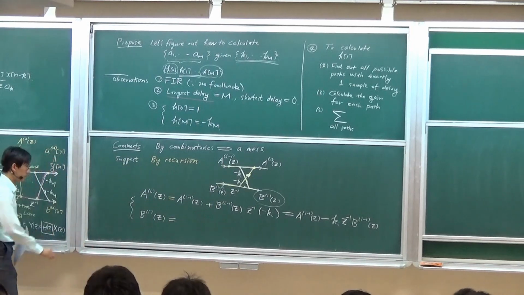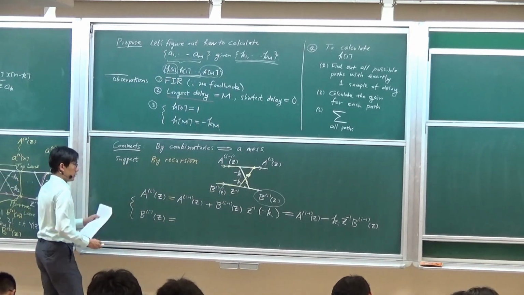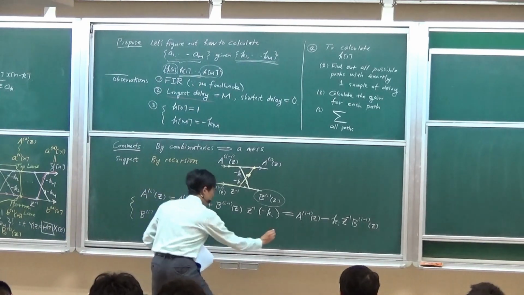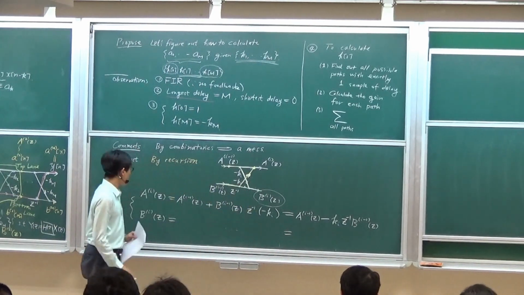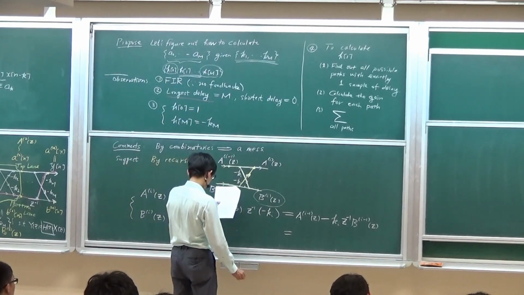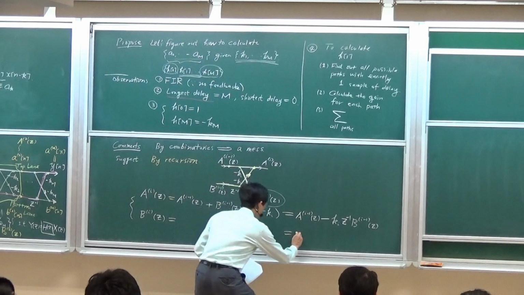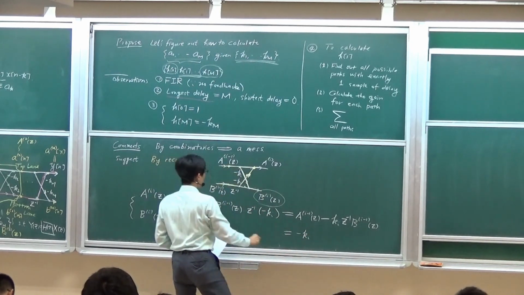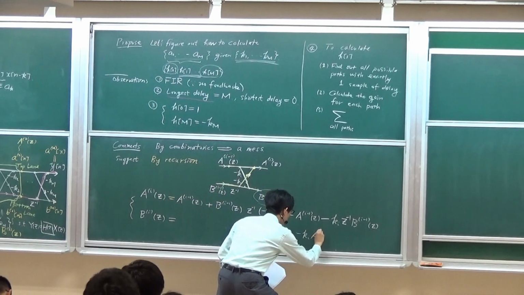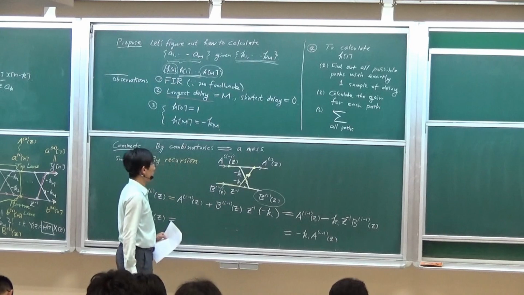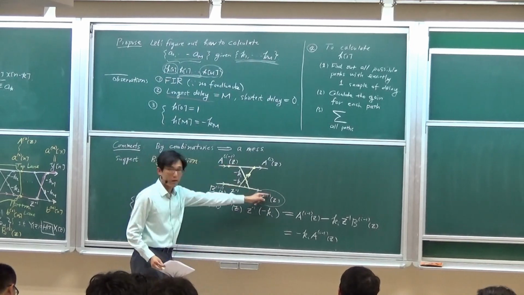So the bottom path is minus K_i times A top, that's that path.